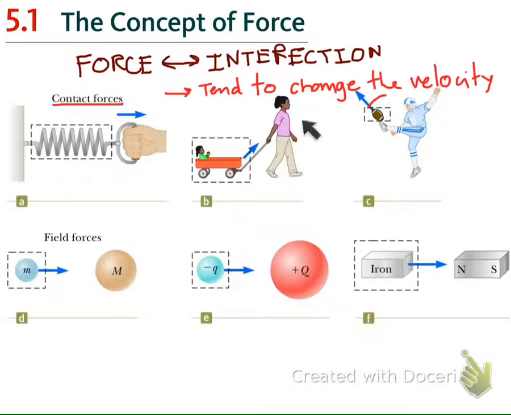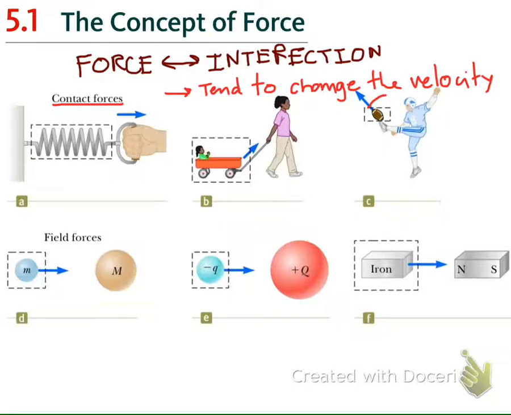This woman pulls the cart, and she exerts a force on the cart by pulling the string here. So this is the contact force. A football player kicks the ball, and when he contacts the ball, he exerts a force on the ball, and this is also a contact force.